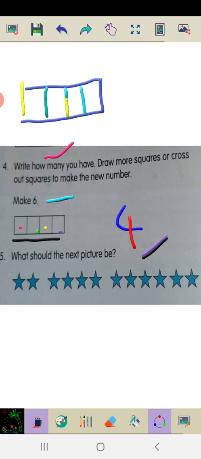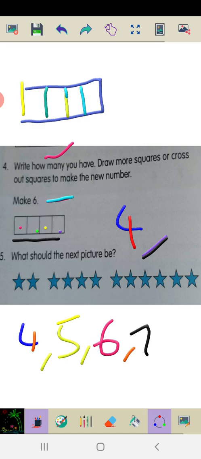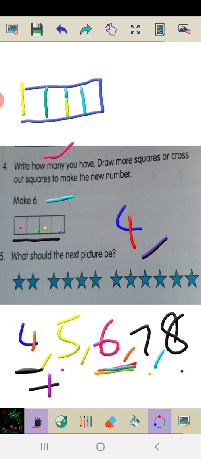If you do the counting of the numbers 4, 5, 6, 7, 8, you see that 6 is bigger than 4. If you add 1 to 4, it becomes 5.